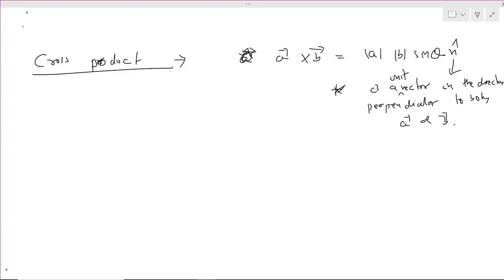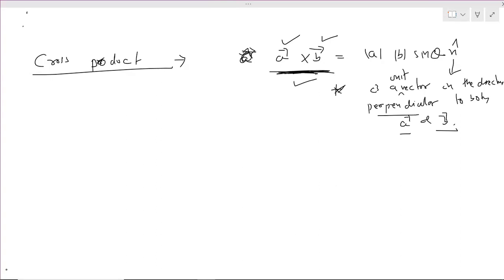Whenever you see a question which says a vector which is perpendicular to two given vectors, always find it using this. A cross B is always perpendicular to both A and B. All right. Whenever you see a question that reads as perpendicular to two vectors, then you have to use cross product.